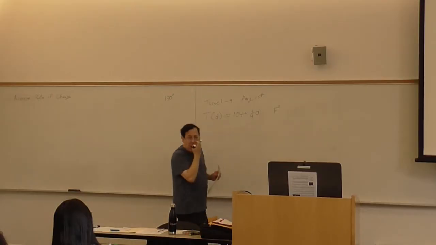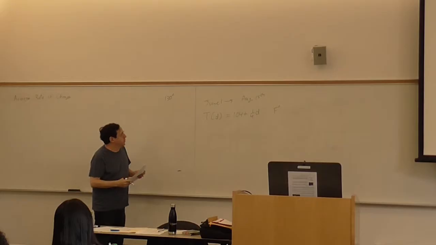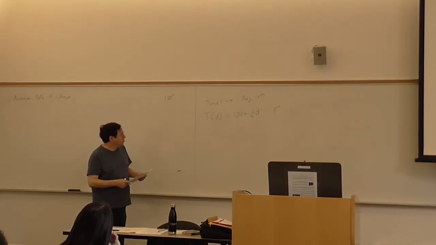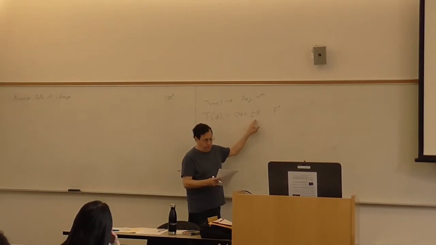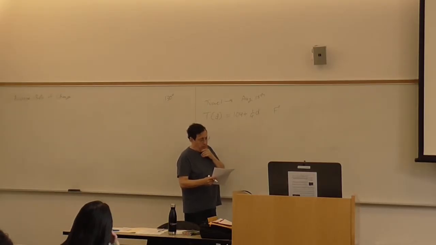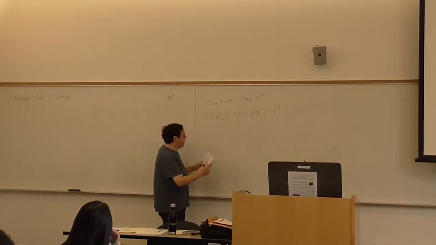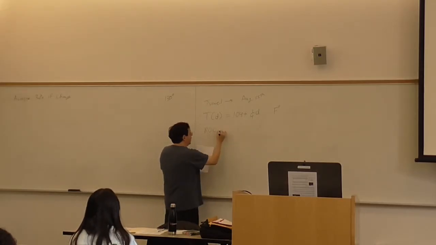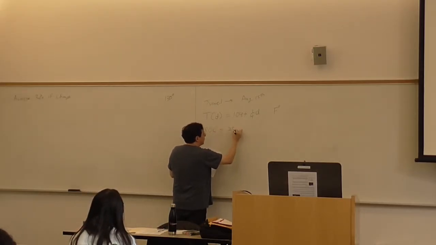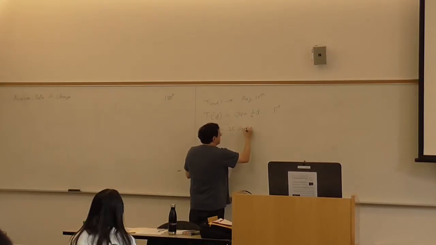It's our anachronistic way of measuring temperature. So every day the temperature changes 1/4 degree. So we would say the rate of change is 0.25 degrees per day.